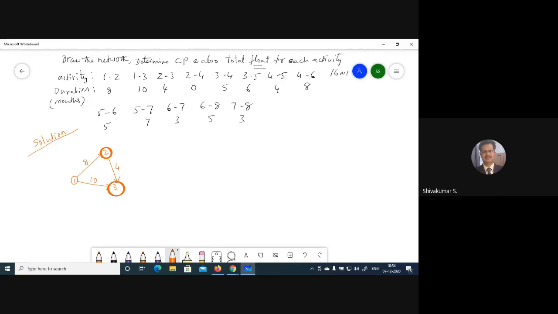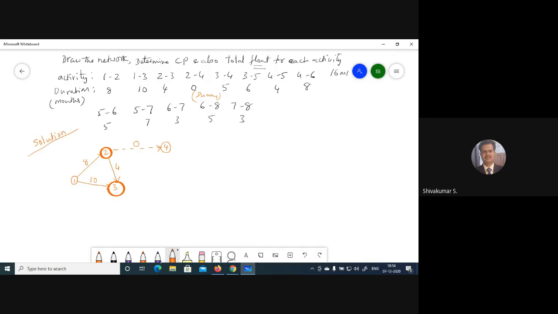2 to 4 is 0. That's why this should be written as a dotted line, because it indicates a dummy. 0 given basically means a dummy activity. A dummy activity is only to relate or link them.